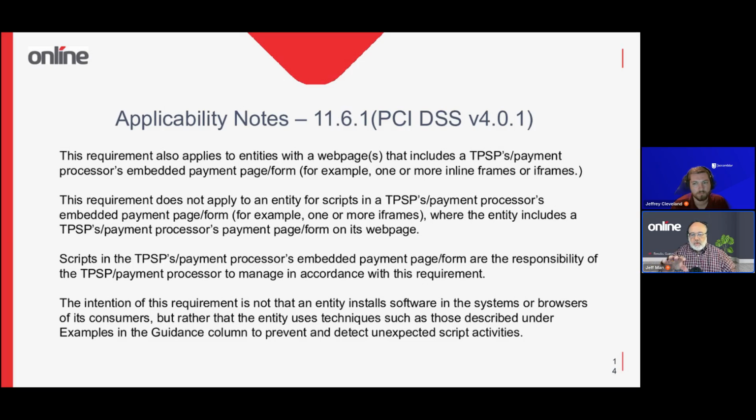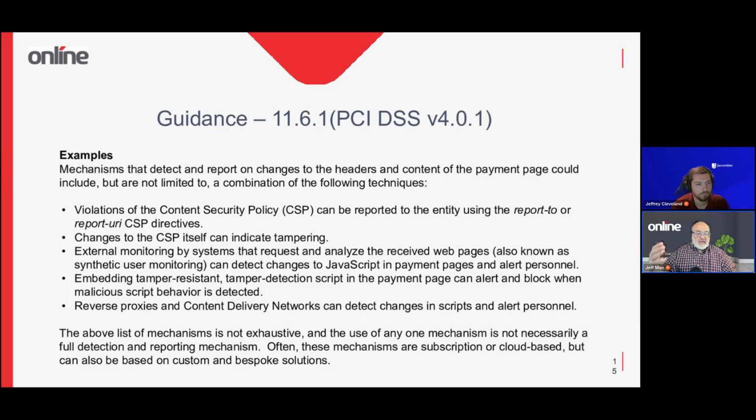Again, what they're talking about in terms of where on the payment page, where on your website that this detection applies. And then finally, the guidance part of 11.6.1 shows examples of the different types of things that they're looking for to meet the requirement. More detail on that in a moment from Jeffrey.